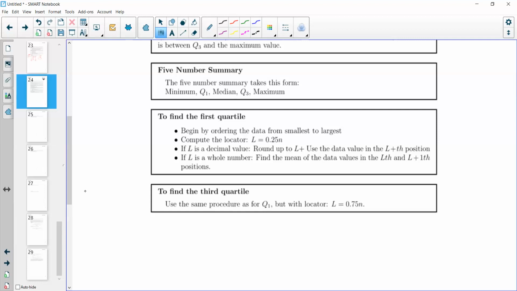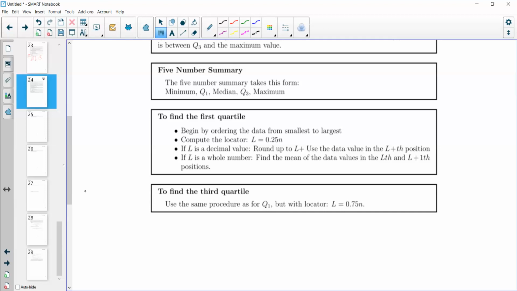So how do we find these? To find the first quartile, you're going to want to order the data from smallest to largest. See, I told you, smallest to largest is the way to go. Then compute the locator. L equals 0.25 times n, where n is the number of data points.